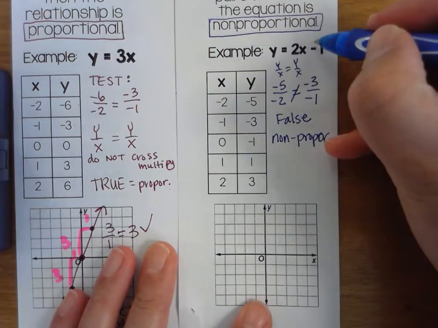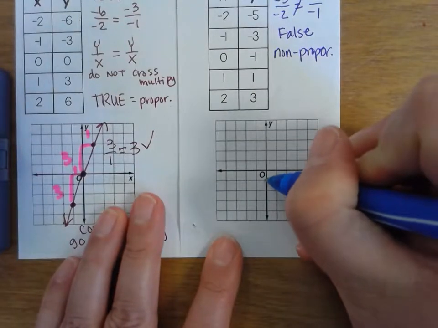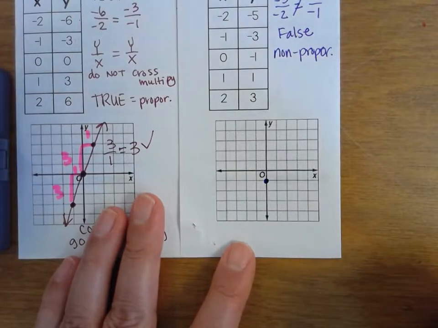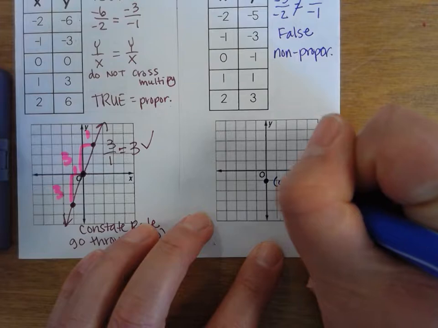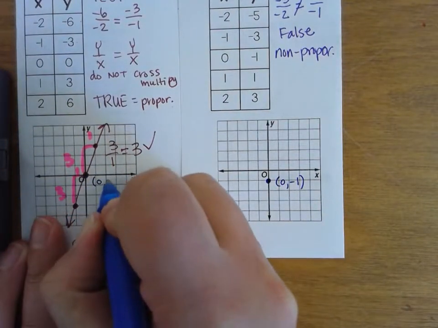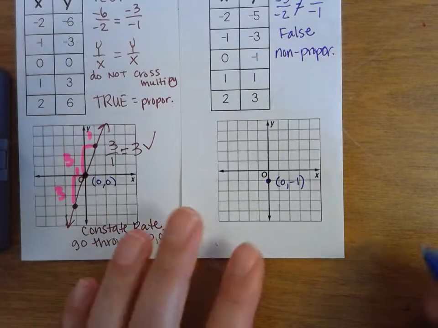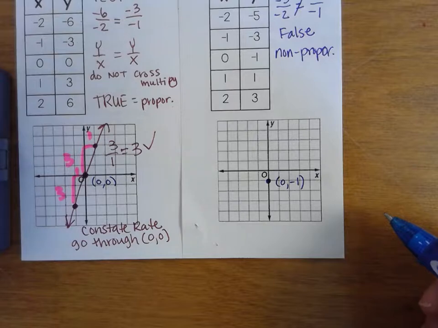That's my b value. My m is a 2. So if my b value is a negative 1, that means it goes right through 0, negative 1. Whereas on the left side, it went through 0, 0. So that in itself tells me, hey, something's not right. It'll be a constant rate, but it probably isn't proportional.